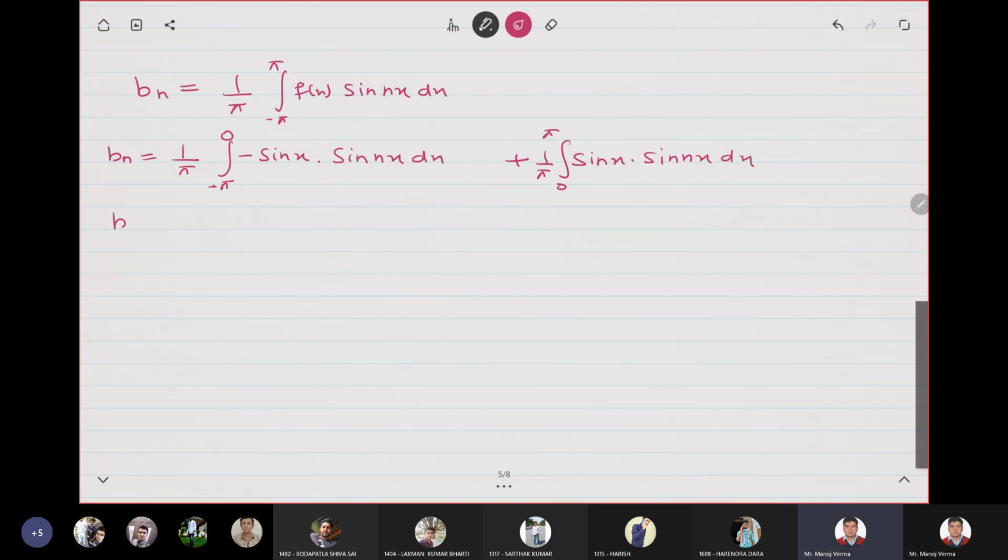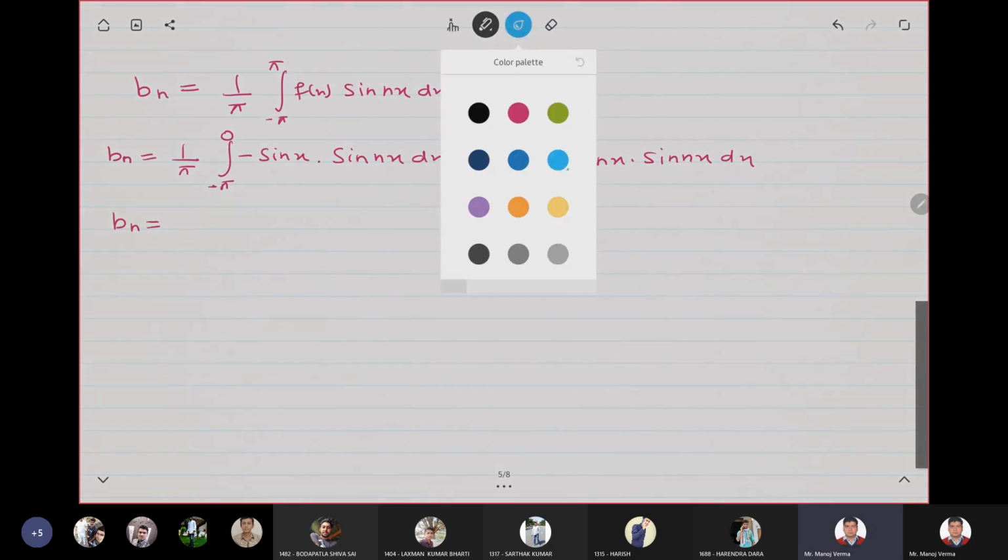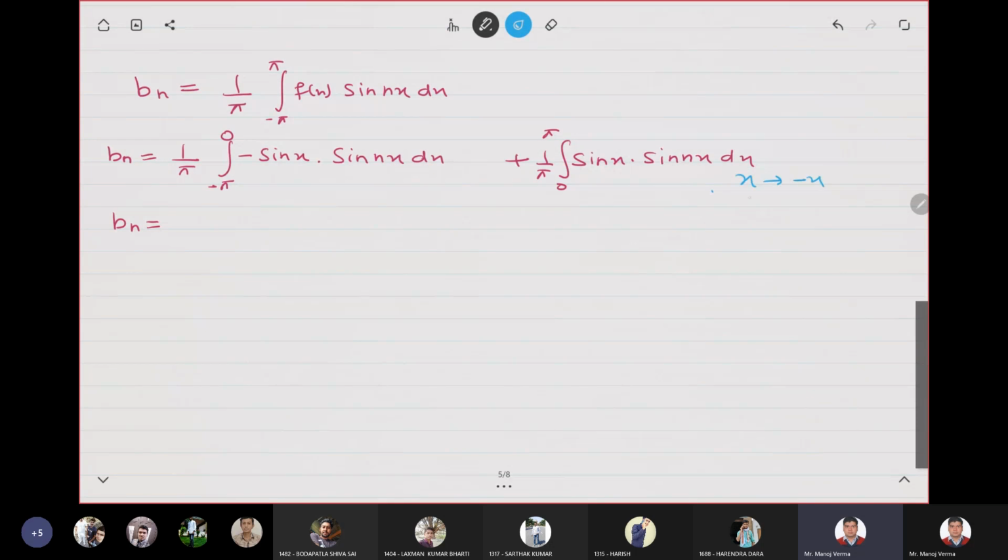Now again, what I will do is I will interchange my x to minus x, dx to minus dx, and limits 0 will remain same, minus pi limit will become pi. So if I insert these values in my first integral, then it will become pi to 0 minus sine of minus x dot sine of minus nx minus dx.